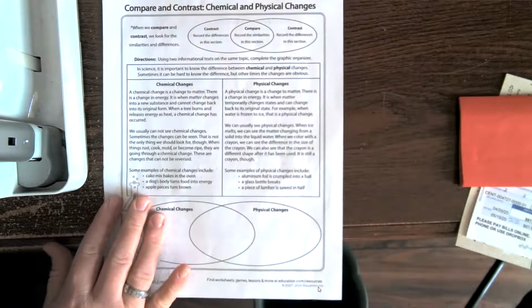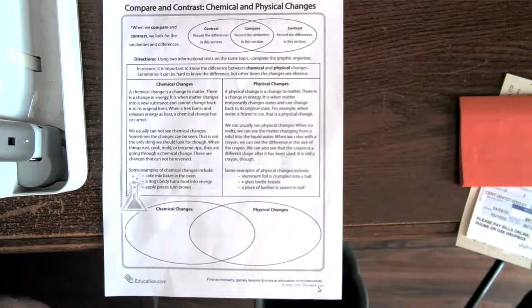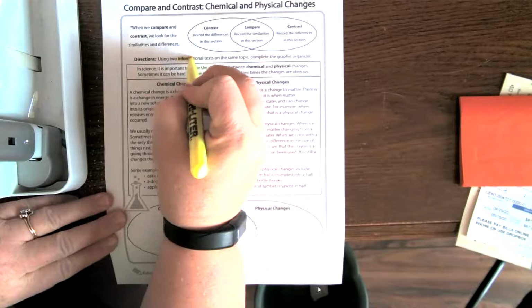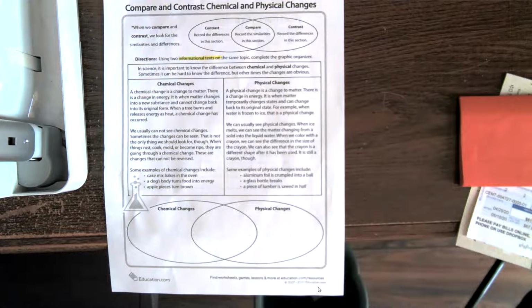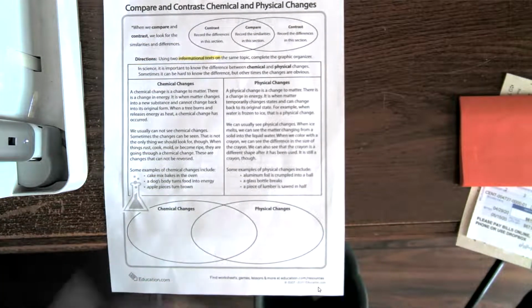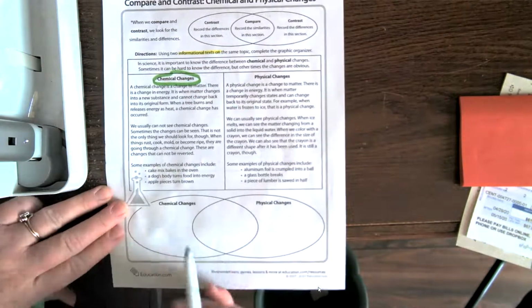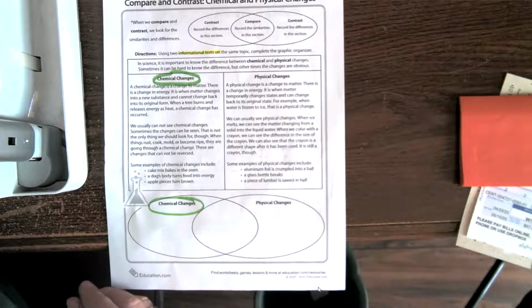One of the things that's really important when we talk about reading and writing in science is that this is usually nonfiction, and we look at informational text. See where it says using 2 informational texts on the same topic. Informational text is text that has information in it. This side is all about chemical change, and the other side is all about physical change.